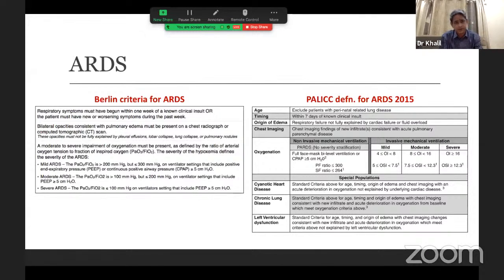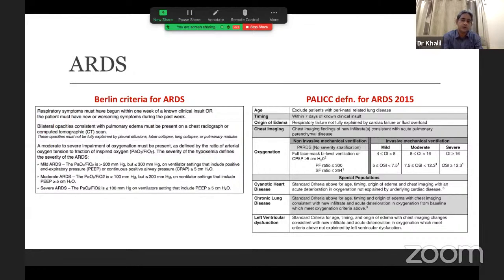Now, coming to the definitions which have mostly been described, the Berlin criteria as well as the PALICC definition of ARDS. As we all know, for ARDS, or acute respiratory distress syndrome, the time of onset should be acute, that is within 7 days of a known clinical insult.